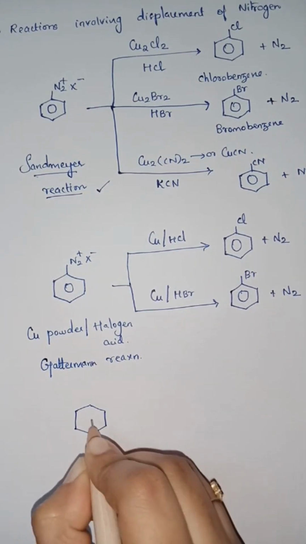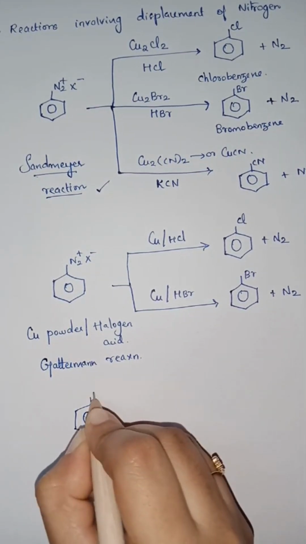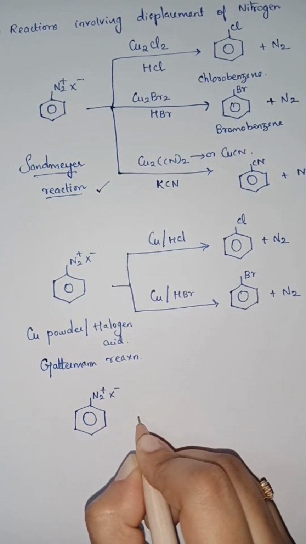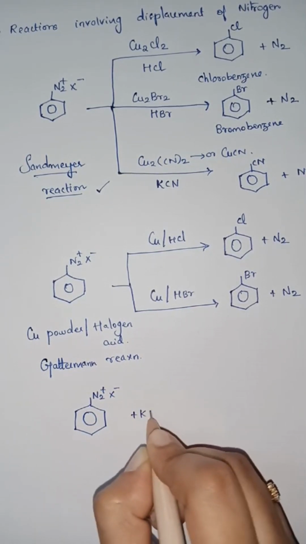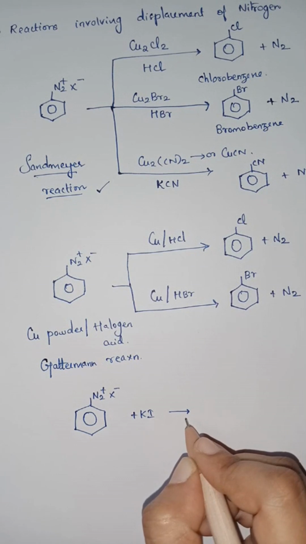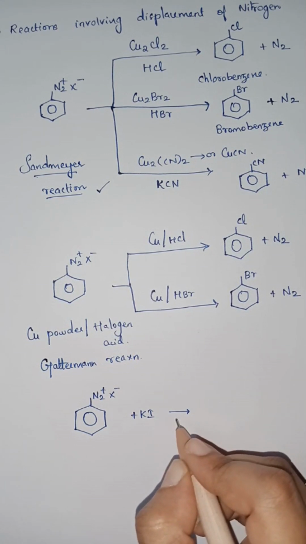Because we have prepared chloro and bromo, how can we prepare iodobenzene? For that we need potassium iodide. Right? Iodine is not easily introduced into the benzene ring, but using benzene diazonium salt solution we can prepare it.